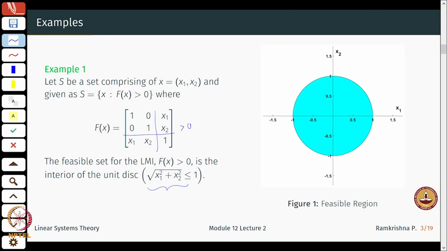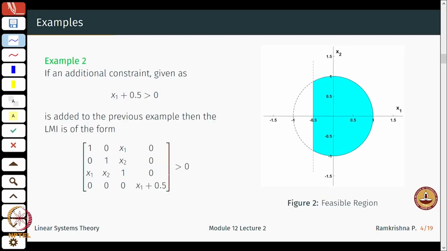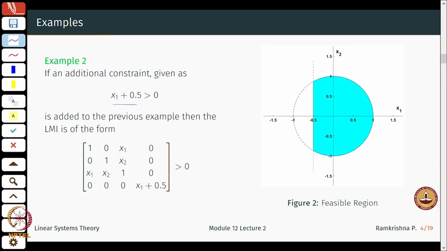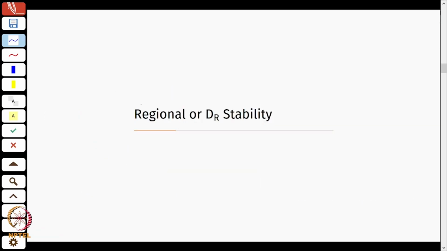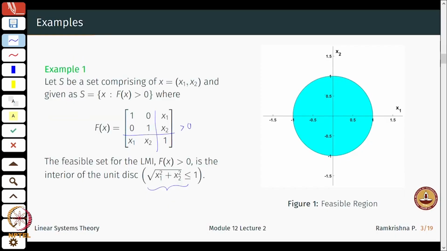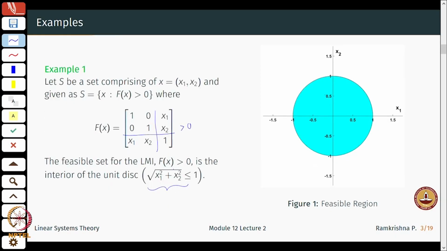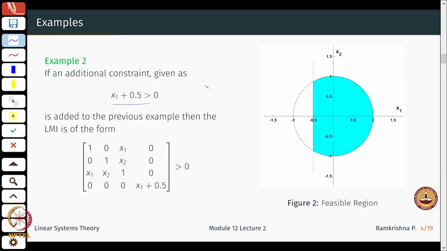In addition, if I impose another condition, that x1 plus 0.5 is greater than 0, the LMI would change now to something like this. It is easy to check that I am only looking at regions where x1 is now greater than minus 0.5.